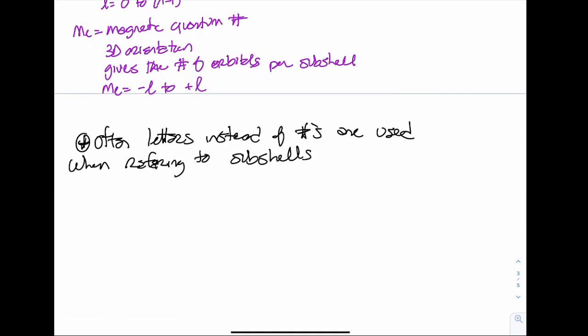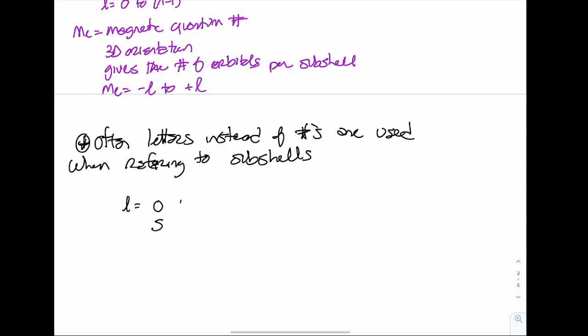I use both, so I do want you to know them. You definitely need to know the letters because we're going to be doing that when we start putting electrons into orbitals for different atoms. So if L is equal to 0, my corresponding letter is s.